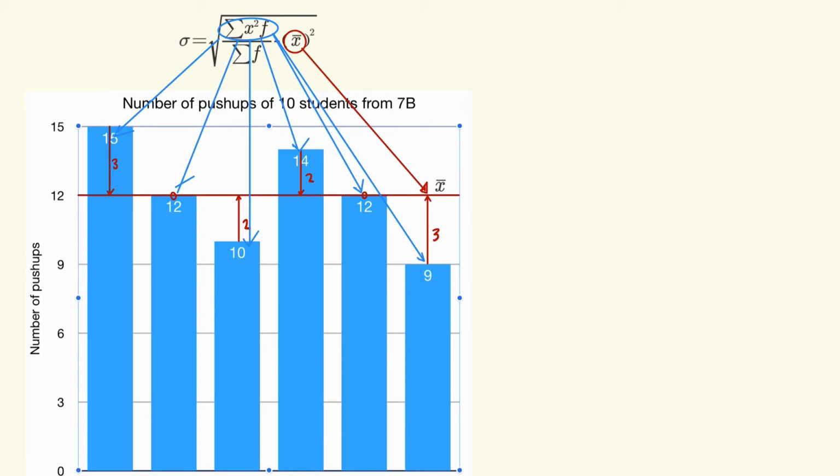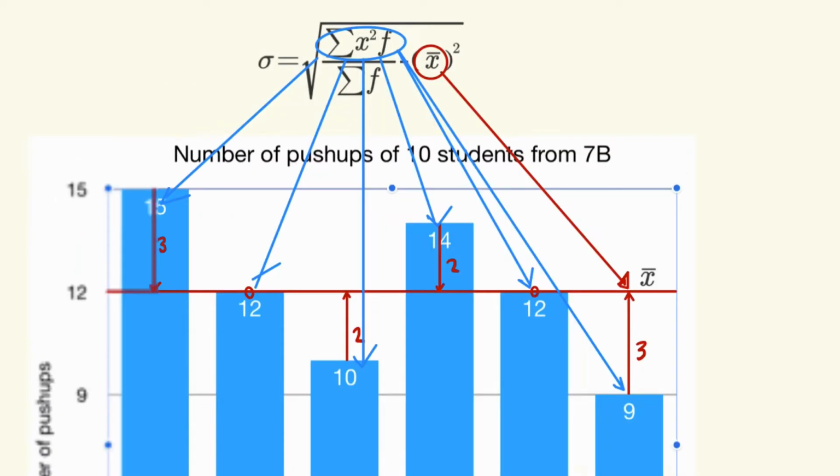And as you can see, if I zoom into the formula a little bit more, what's going on here is symbolically showing that what we're trying to find is the difference, so subtraction, between each of the scores and the average. It's the difference between each of the scores from the average.